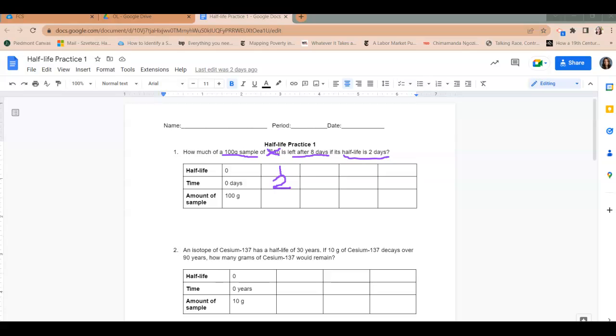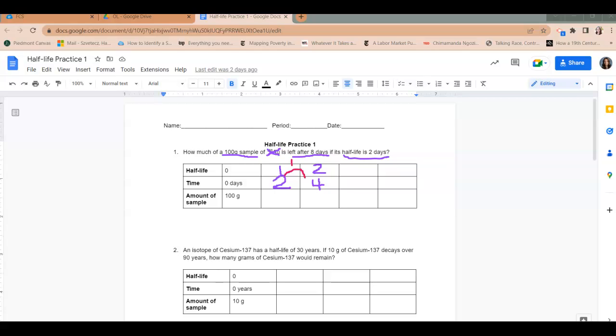So after 1 half-life, it's 2 days. After 2 half-lives, it's going to be 4 days. And the way I get this is I add 2 plus 2.